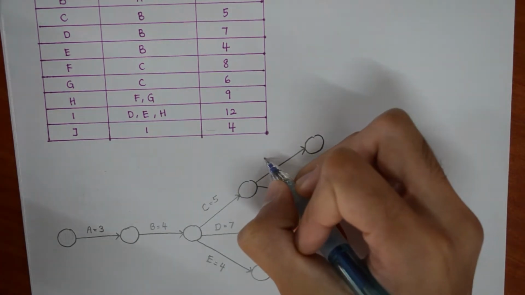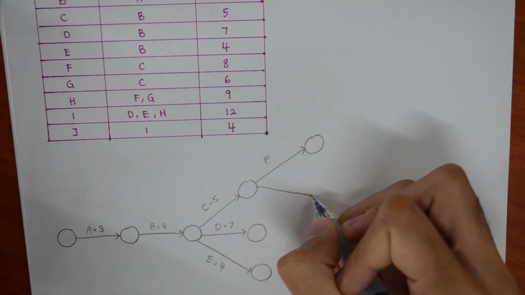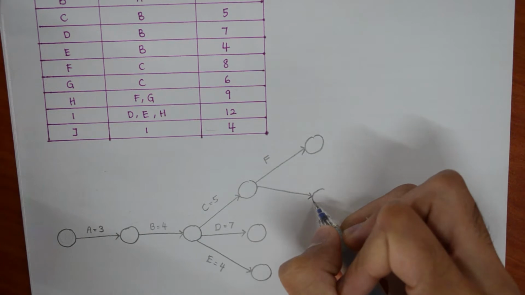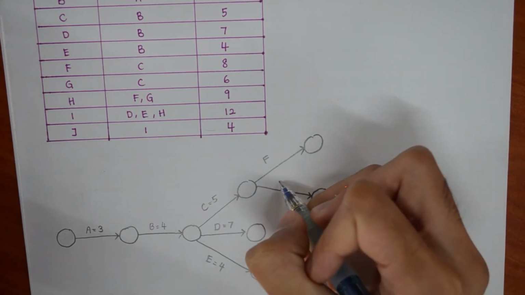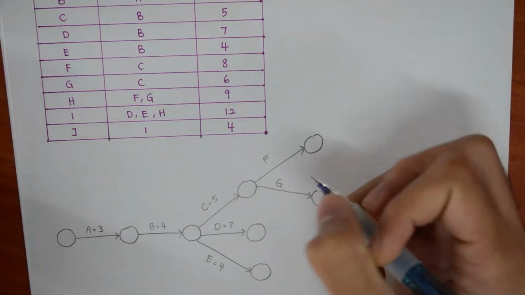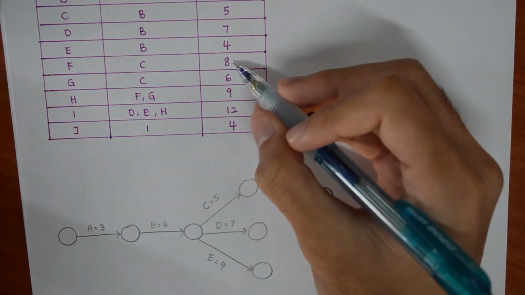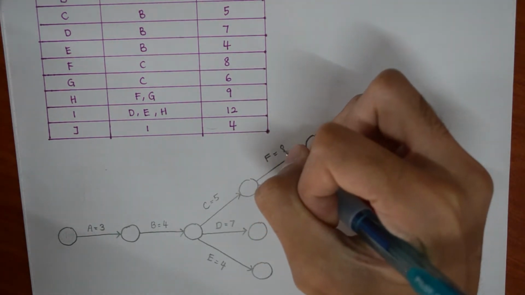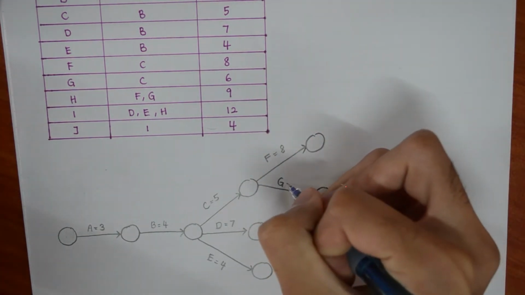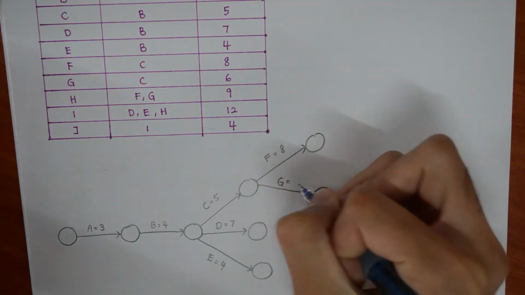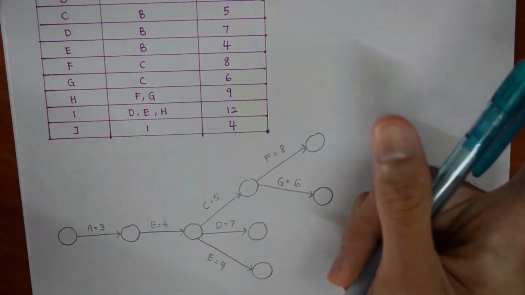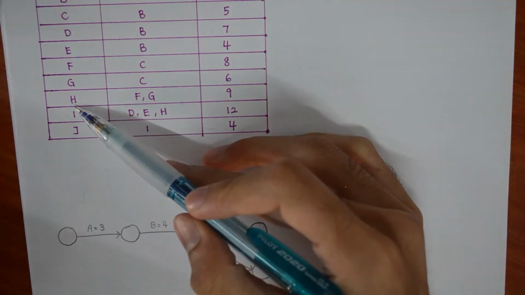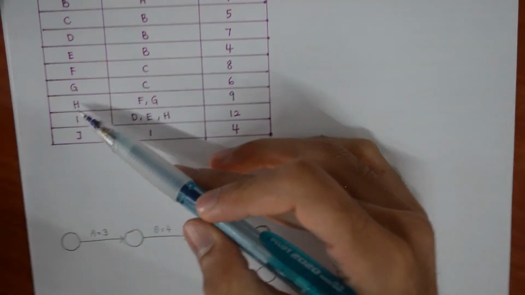End node, this is for F, and another end node, and this will be G. F, the duration is 8 and G is 6. Okay, now moving on to H.